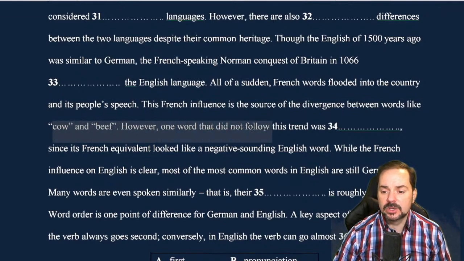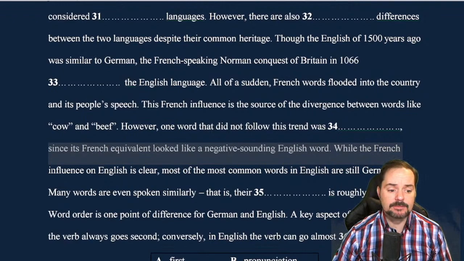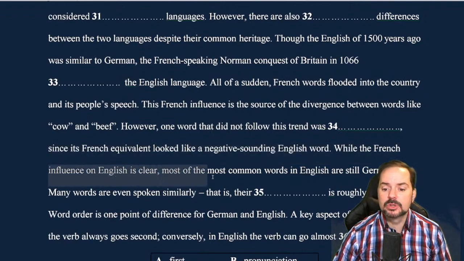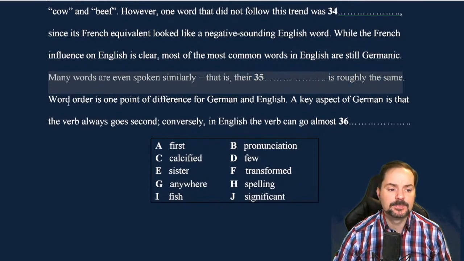However, one word that did not follow this trend was something, since its French equivalent looked like a negative-sounding English word. While the French influence on English is clear, most of the common words in English are still Germanic. Many words are even spoken similarly, that is, their something is roughly the same.